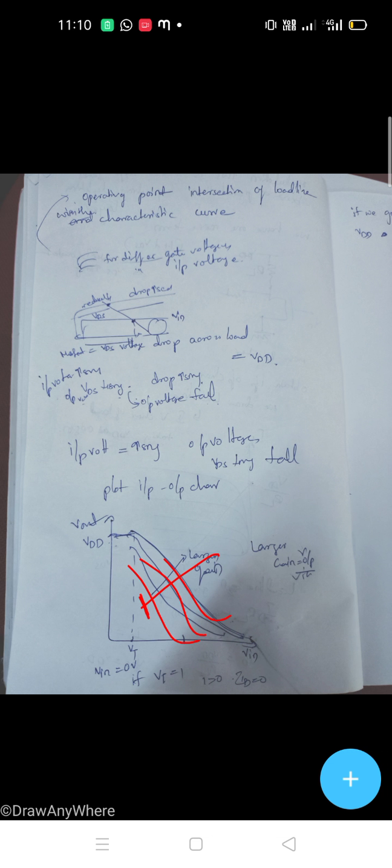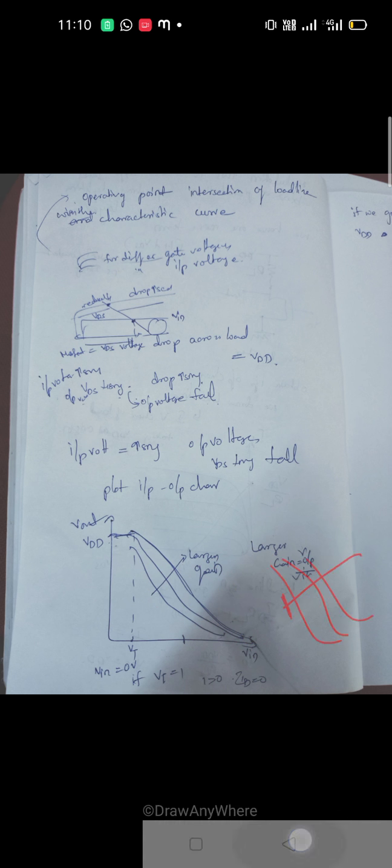If we go on increasing the input voltage, the output voltage also falls. Okay, this is for the larger gain, and this is the characteristics for the NMOS inverter. So from this you prepare the notes for the NMOS inverter.